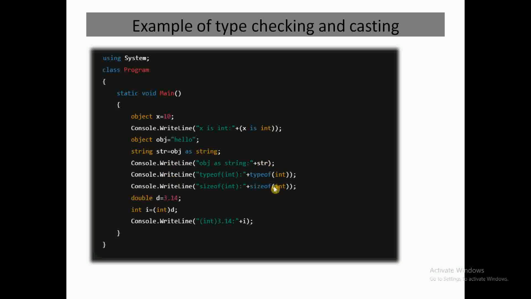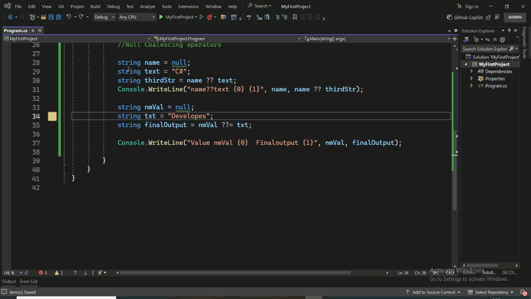Here we are just displaying this value, and here we are getting the type of integer, the size of integer, and here we have the explicit cast. Now let's see the practical example in Visual Studio.